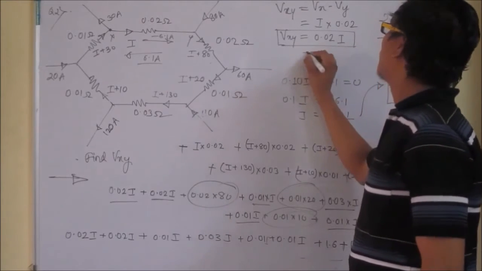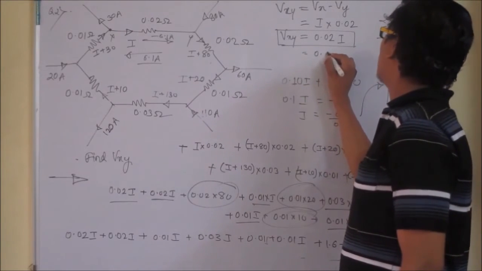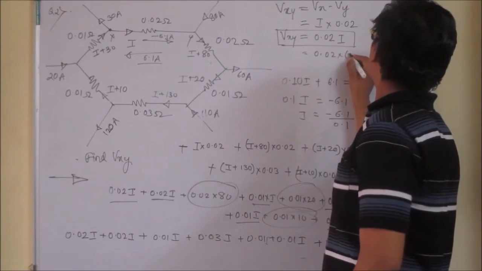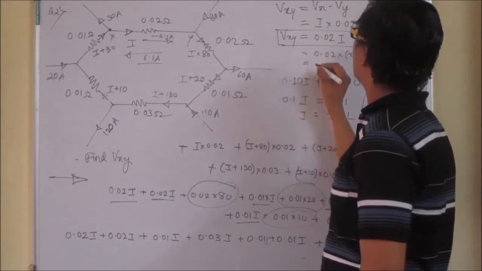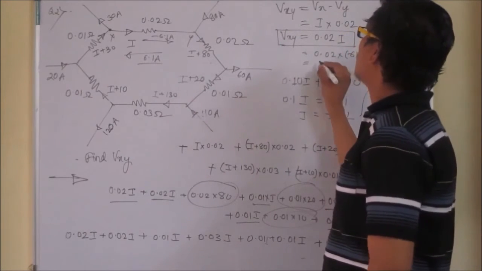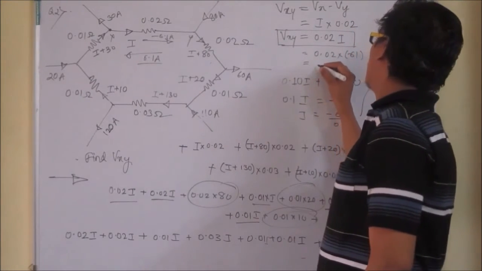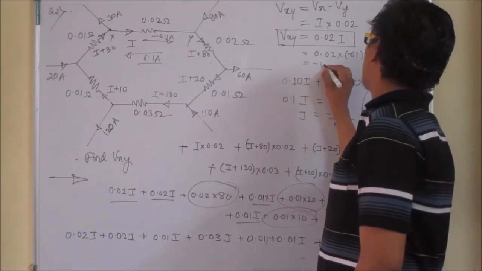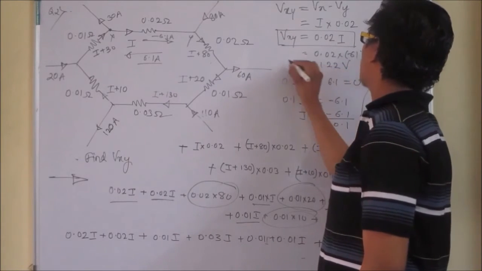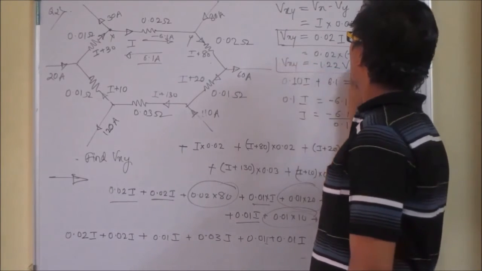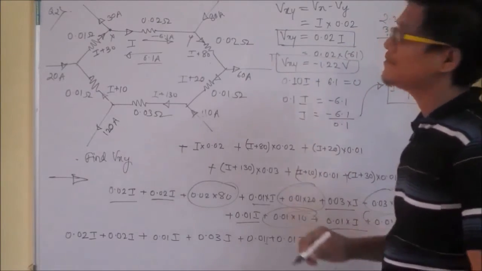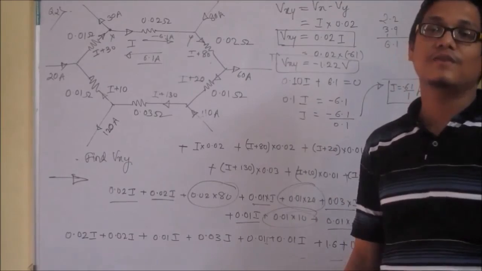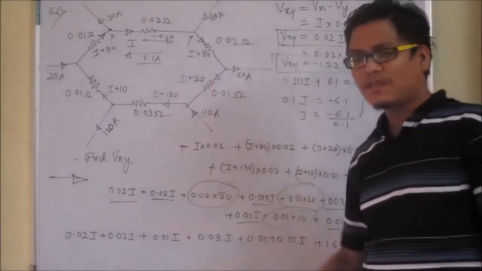I will substitute over here: 0.02 into minus 61, that is 122 into 1.22, it is minus 1.22 volts, my Vxy. That's it. This is my answer. So in this way we are going to apply our KVL, that is Kirchhoff's Voltage Law, for loop sums.